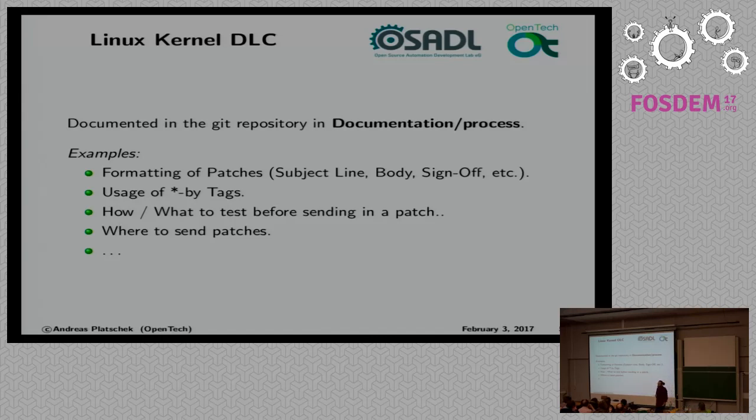It also defines the usage of the byte tags. It gives checklists on how and what you should test before submitting a patch, and it also helps you to find out where to send patches. So the good news is that we have a development lifecycle in place. The next question is: is it followed, and how well is it followed?